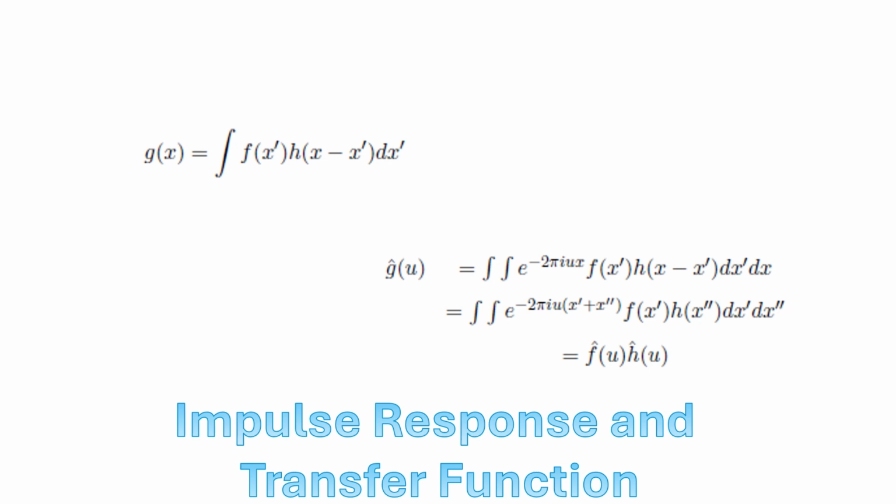The Fourier transform of the impulse response is the transfer function of the system. And so basically any shift invariant linear transform is a filtering operation: the Fourier spectrum of the input distribution is filtered by this transfer function to produce the spectrum of the output distribution. We can see this happening in imaging systems.